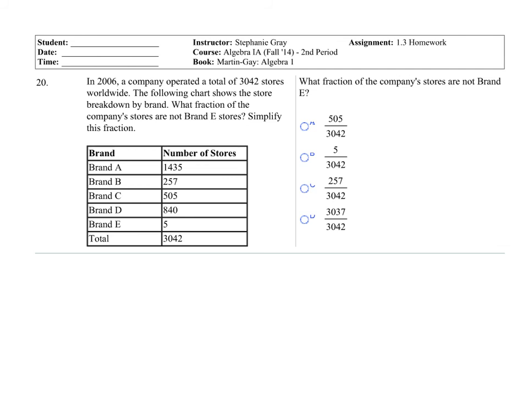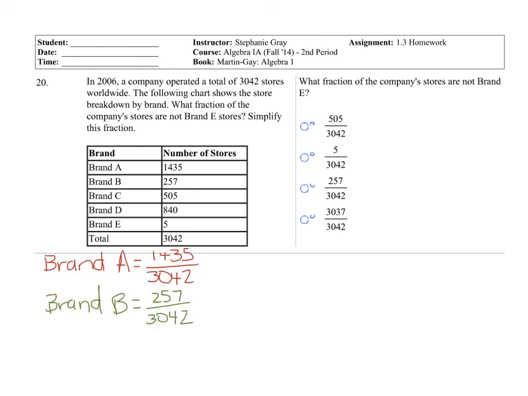So brand A represents 1,435 out of 3,042 stores. Brand B is 257 stores out of the total 3,042 stores. All I'm doing is putting the number of stores for each brand over the total number of stores.